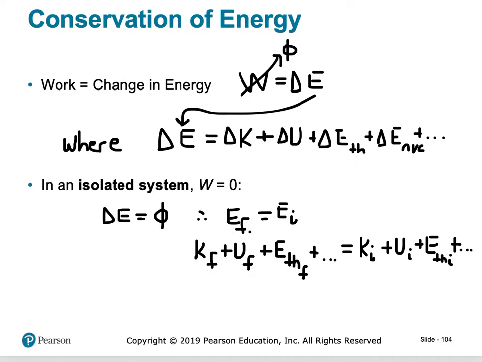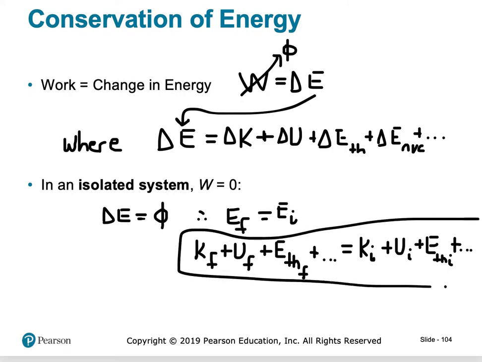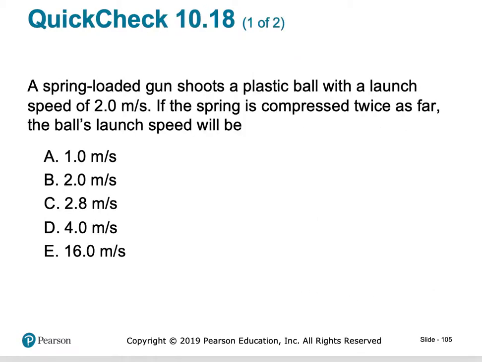Or we can break down our total energy, E, into kinetic energy final plus potential energy final plus thermal energy final plus ... And that's equal to kinetic energy initial plus potential energy initial plus thermal energy initial plus ... If you have an isolated system in our conservation of energy, this is where you're going to spend most of your time, writing equations like this. Let's look at an example.